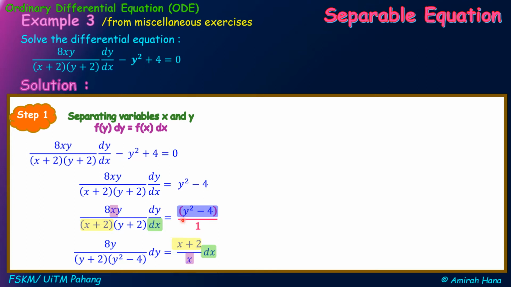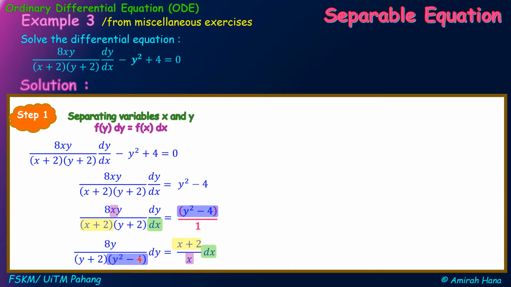From y squared minus 4, this is in the numerator, so we want to move it to the left hand side. When we move the numerator y squared minus 4 to the left hand side, we have the denominator y squared minus 4.